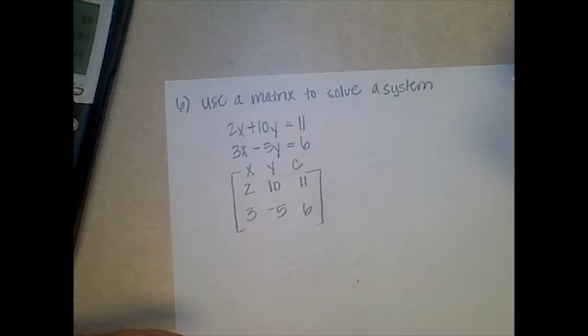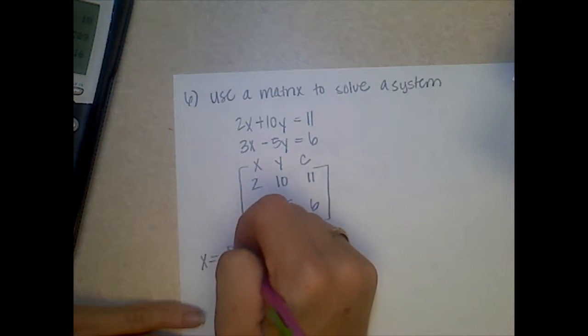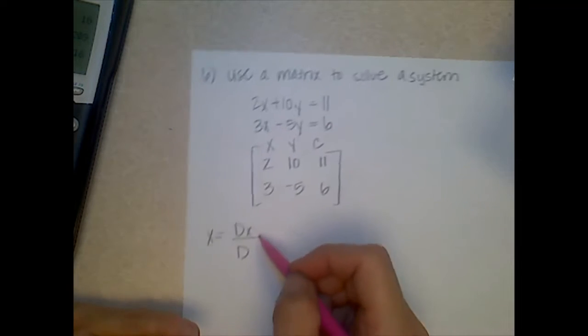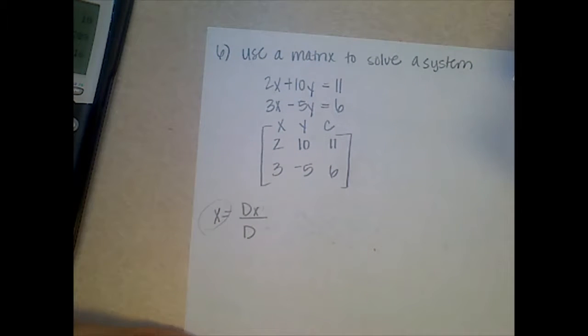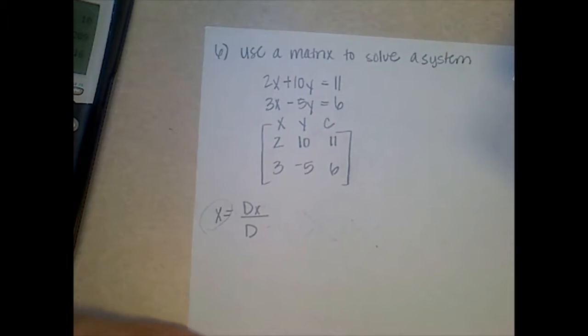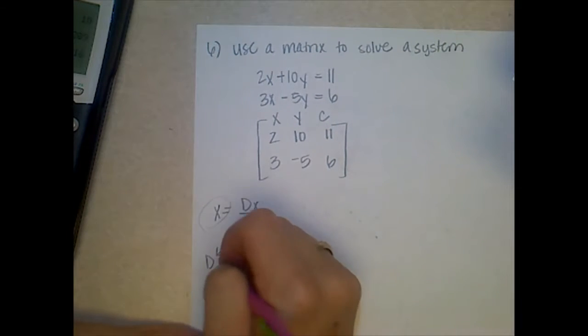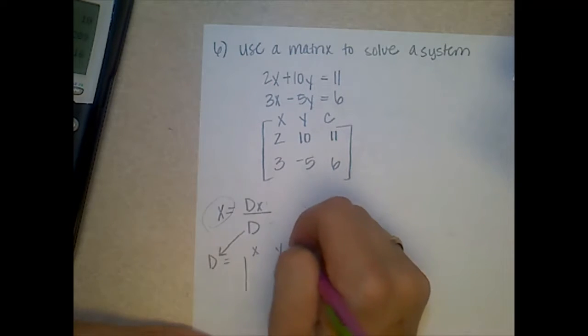So, to find out what x is, x is always going to be equal to the determinant of x over the standard determinant. Okay, so I need to find two different determinants that I can divide to get what x actually is so we can solve this system. Let's find that first determinant, this bottom one.